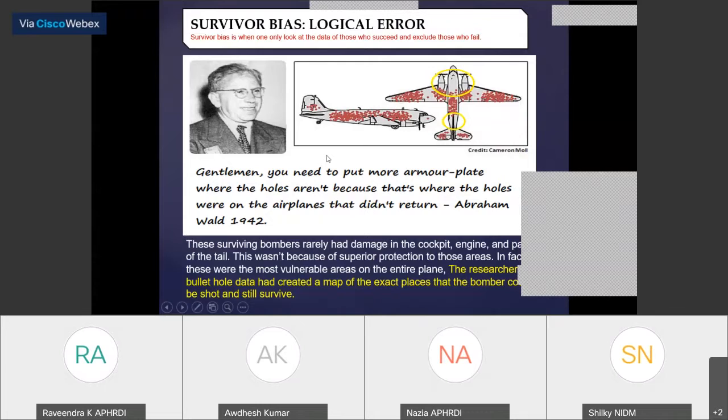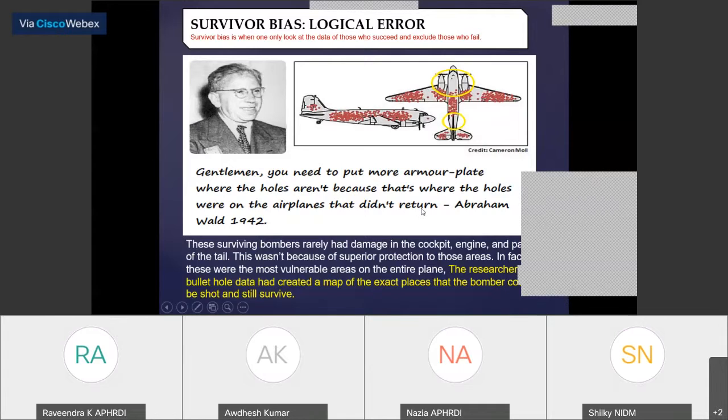Survivor bias is an error in which one only looks at the data of those who have succeeded and excludes those who failed. And he said, gentlemen, you need to put more armor plate where the holes are not, because those were the holes of the airplanes that did not return.